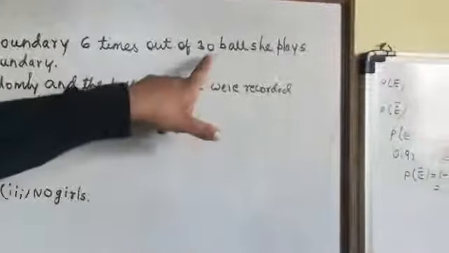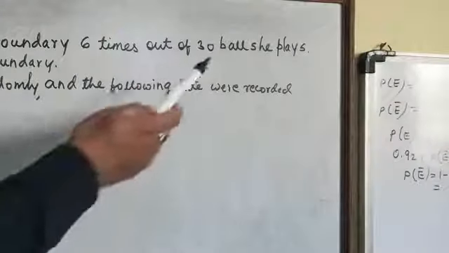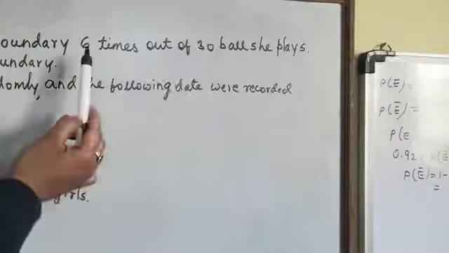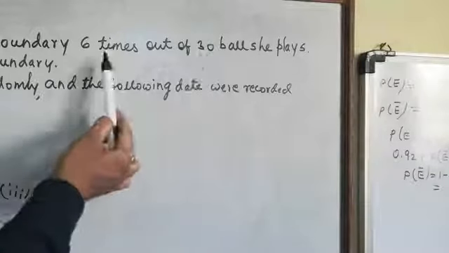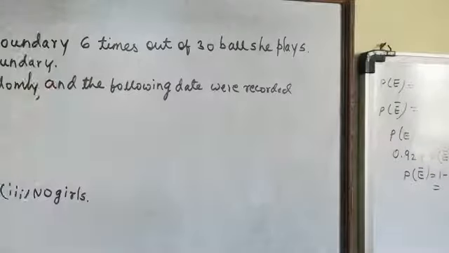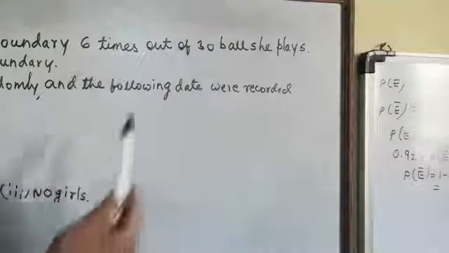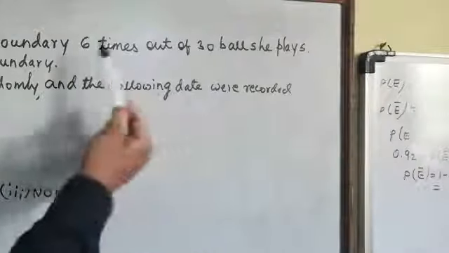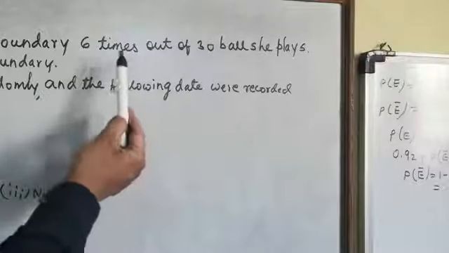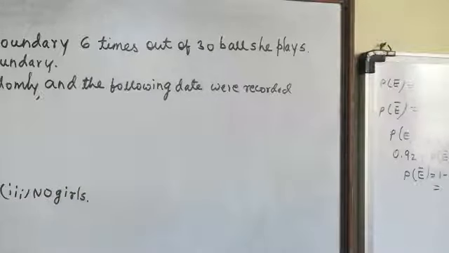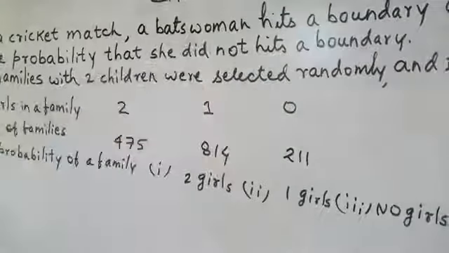You can see that 30 balls are played, and out of 30 balls, only 6 times she hit the boundary. So 30 minus 6 is 24. 24 balls are there where she did not hit the boundary. So we have to find the probability that she did not hit the boundary.